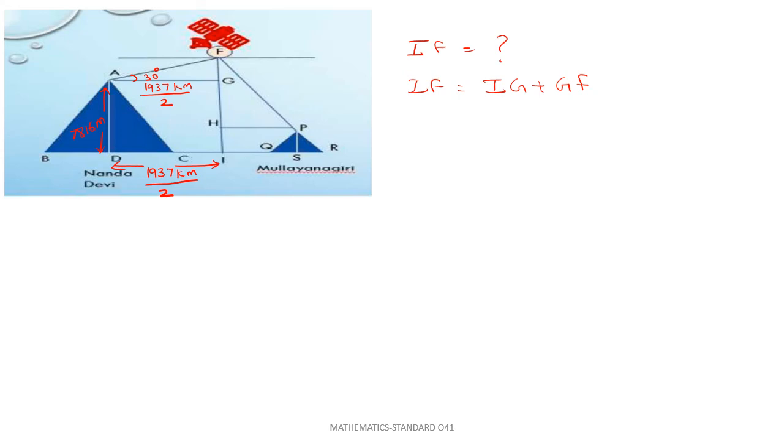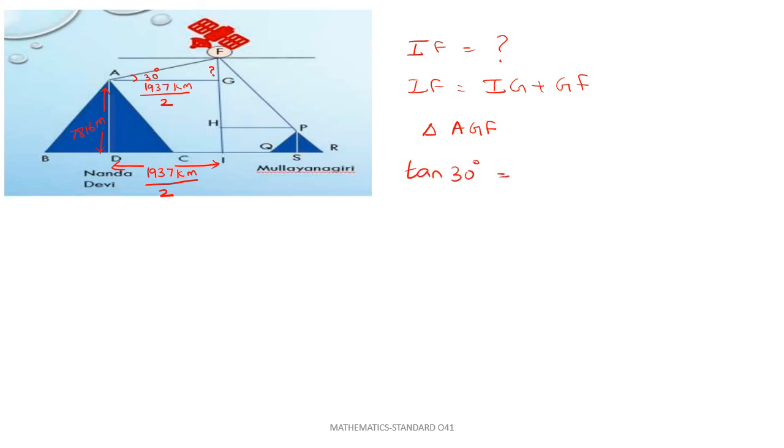Okay, so now we need to find what is GF. As I'm not using this part details, I'm not writing it. So let's take the triangle AGF. In the triangle AGF, let's go for tan.